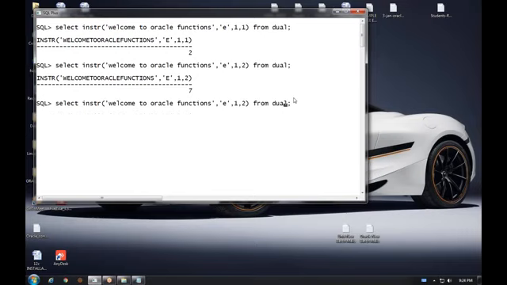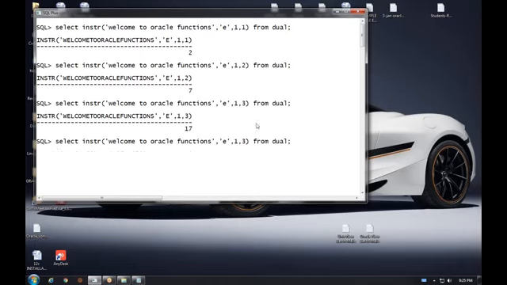Again, from the beginning, find out the third occurrence of E. 17th character here. This one. From the beginning, find out the fourth occurrence of E. 0. There is no fourth E. That's why it is displaying 0.